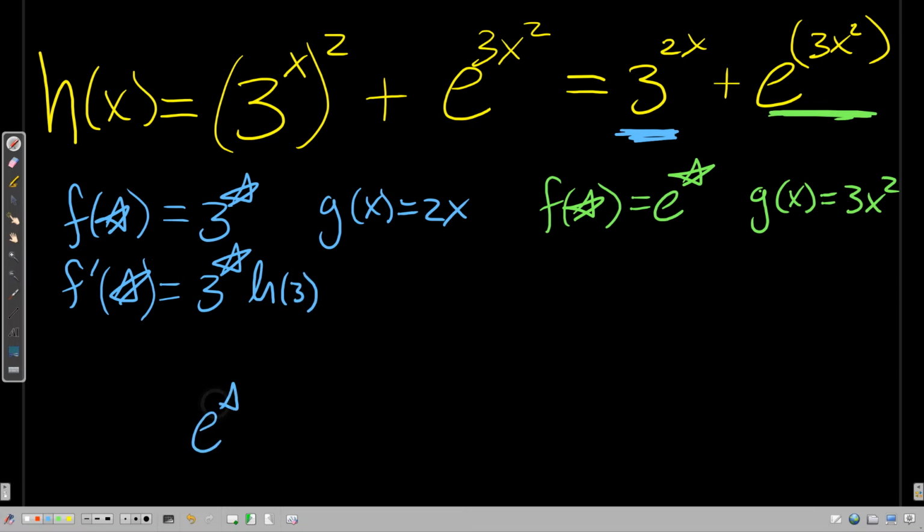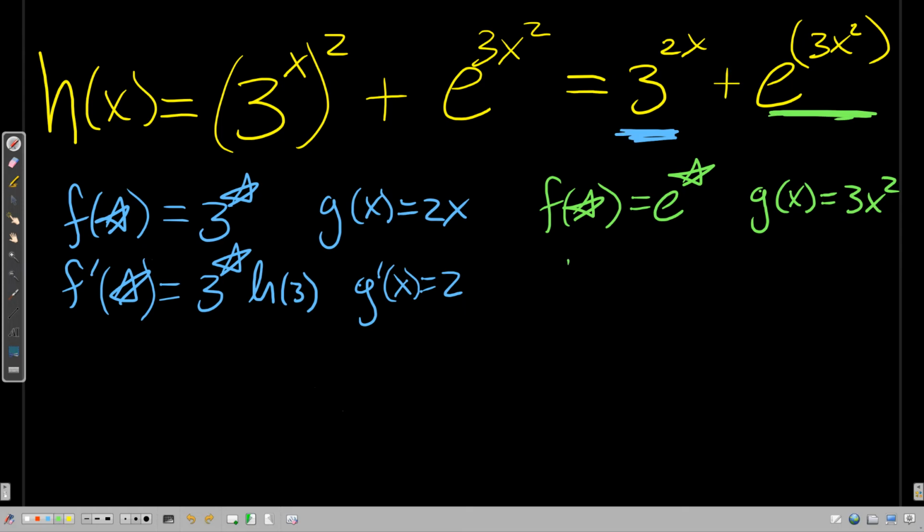If that had said e to the star, I would have multiplied by the natural log of e, but that is the number 1, so you don't need it. G prime is 2.